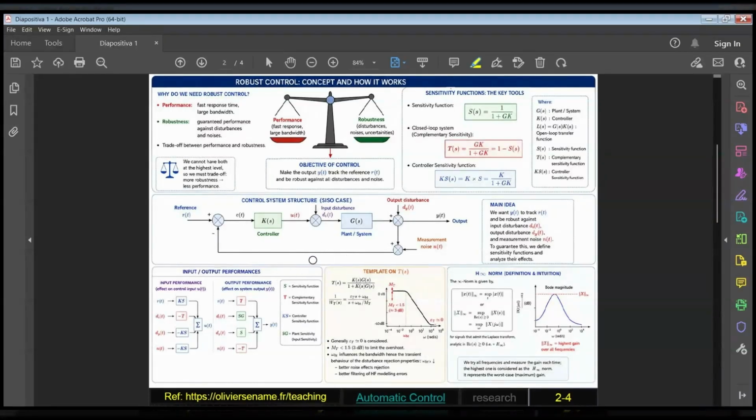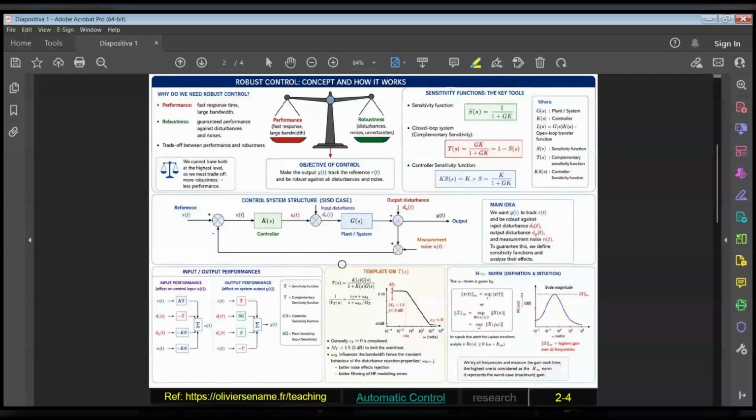So to analyze this, we use the sensitivity function, and the sensitivity function is S equal to 1 over 1 plus L, where L is equal to GK, the open loop transfer function.